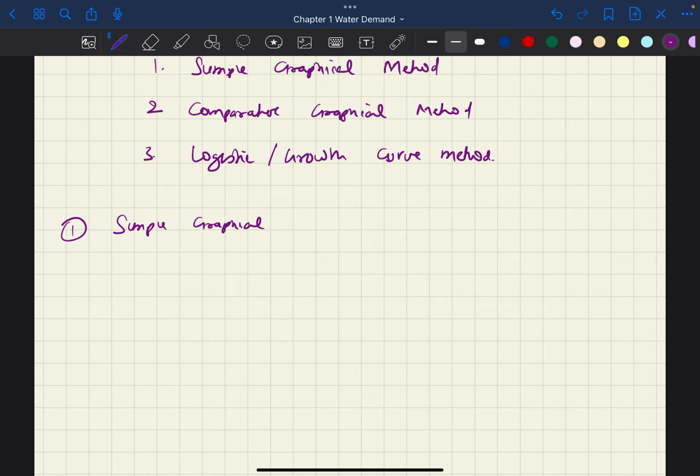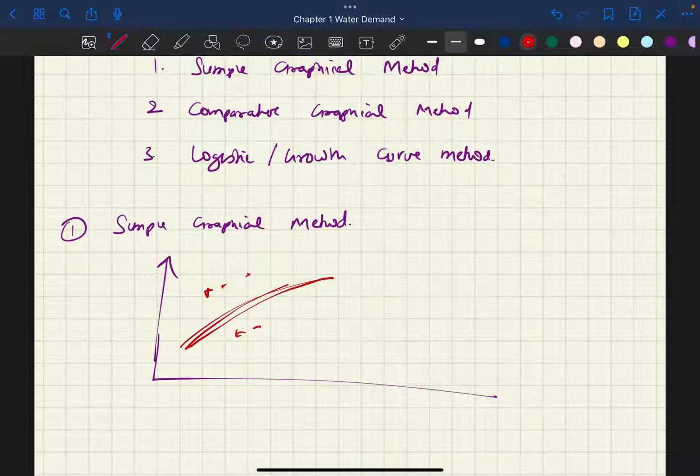graphical method. This provides very approximate result and its use is very limited. Long duration record must be available. So we have to have this record available in order to forecast this population.